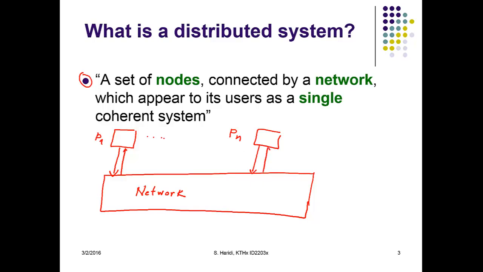The nodes send messages to each other. So we have a send for sending messages, and nodes can receive messages. The only way for these nodes or processes to communicate is through sending and receiving messages.